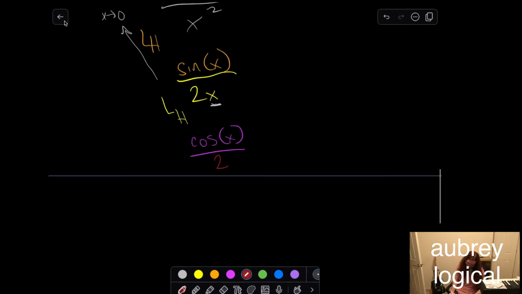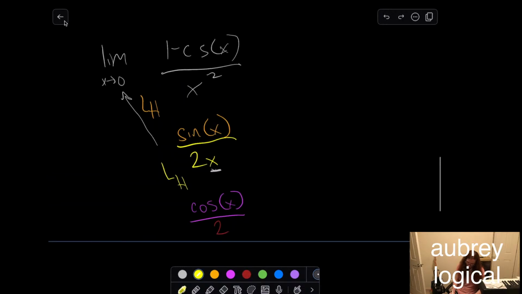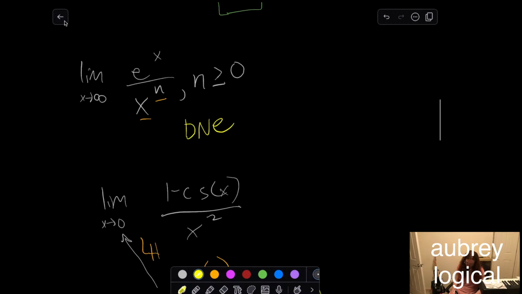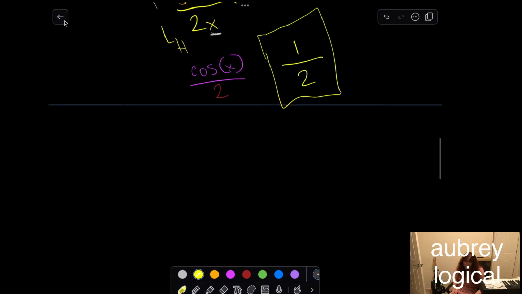So now we have gotten our variable out of the denominator, which means we can plug in 0 for x. So the cosine of 0 is equal to 1 over 2. The answer is 1/2. On to the next one.